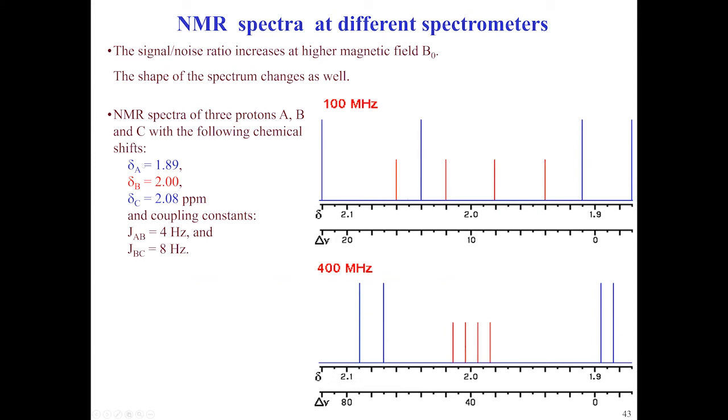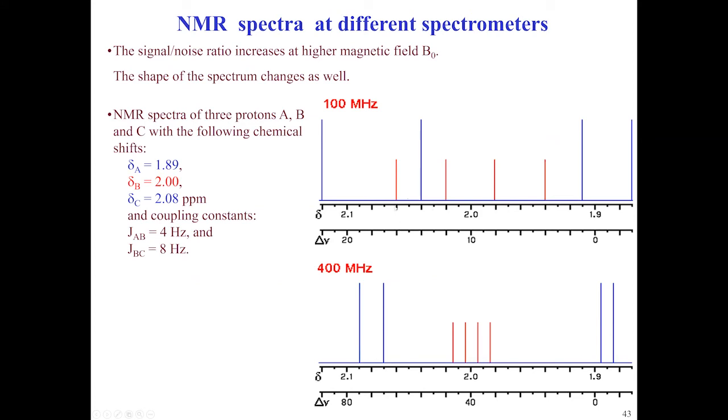So consider a molecule with 3 atoms with respective chemical shifts, and A is coupled to B, B is coupled to C. So at the higher field, 400 only here, you see we have C at 2.08, B at 2, and A at 1.89. And A is coupled to B, B is coupled to C. And the B protons, of course, have neighbors on both sides.